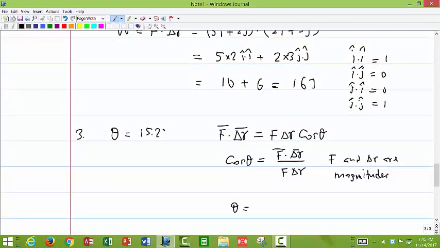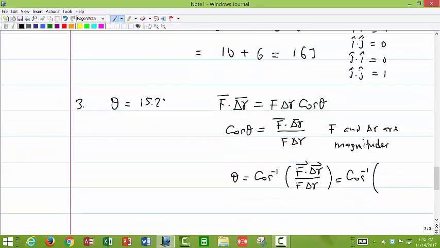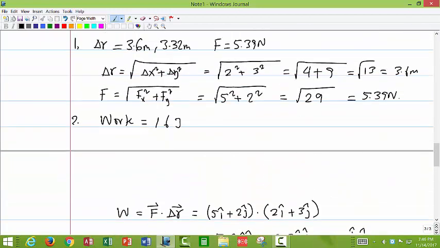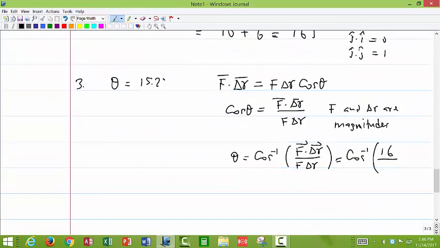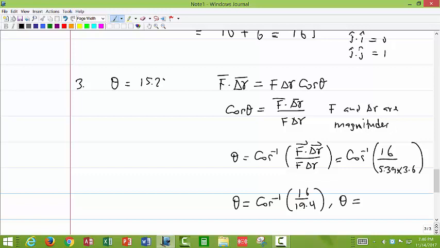So the angle theta is the cosine inverse of F dot delta R divided by F times delta R. F dot delta R we know is the work done, that's 16, divided by F times delta R, the magnitudes you found earlier, 5.39 times 3.6. Therefore, theta is equal to what?